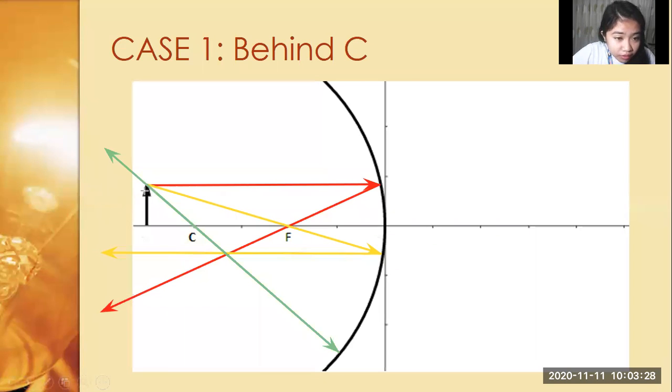So let's have it here. It's going to the vertex. And then the angle between that is 10 degrees. So it should be 10 degrees also at the bottom.